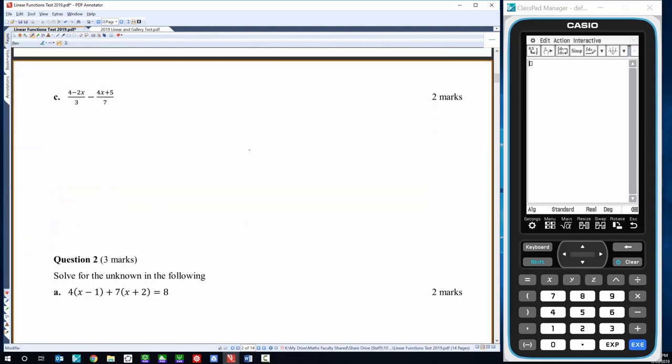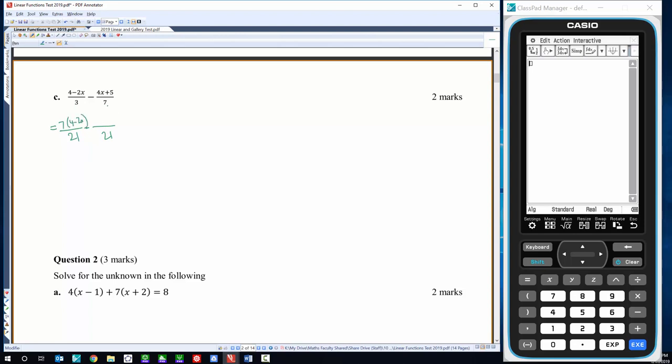Okay, this one here was a bit of a mess, and it's a tricky one here because of this negative. So there's a couple of ways of doing this problem here, but what I'm going to do is find a common denominator here, and I'll take 21 as a common denominator. So that means that this was multiplied by 7, so I'm going to do 7(4 take 2x).